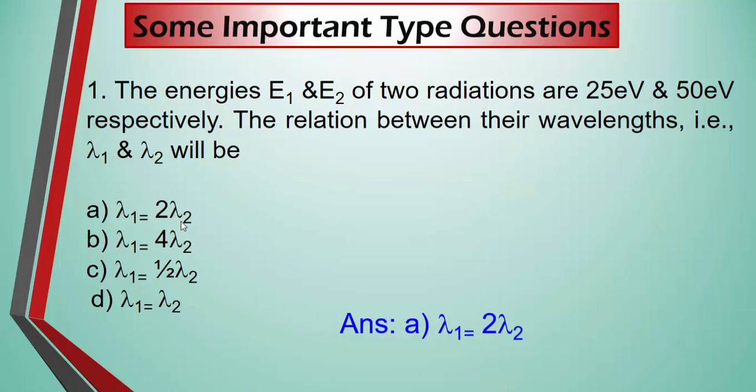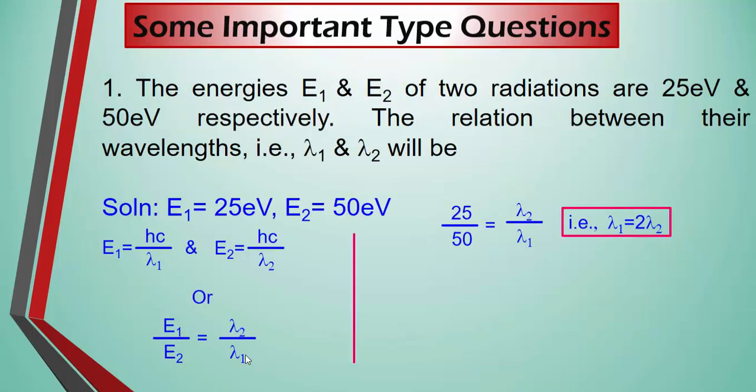Let's see how to solve this numerical. Now E1 as we know is 25 electron volt and E2 is 50 electron volt respectively. What is the formula to be used when you do not know the frequency?